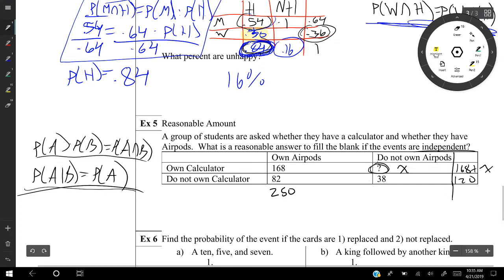And then this total would be 38 plus X. We just don't know what that X is, right? So what does that make the total number of people surveyed? 288 plus X, interestingly enough.